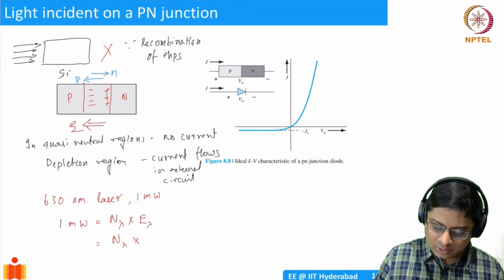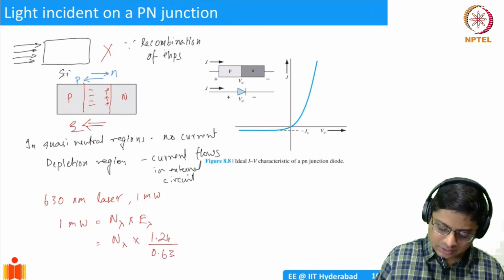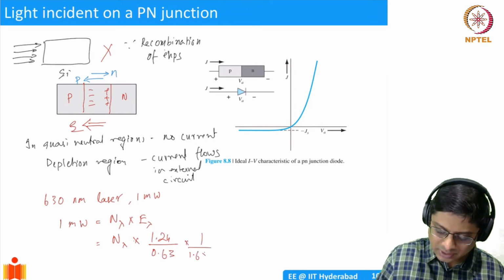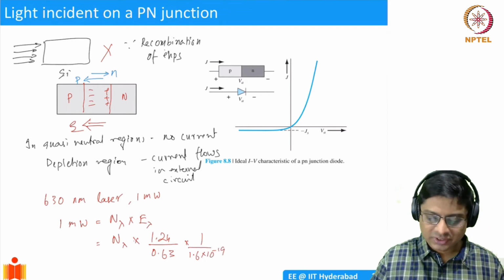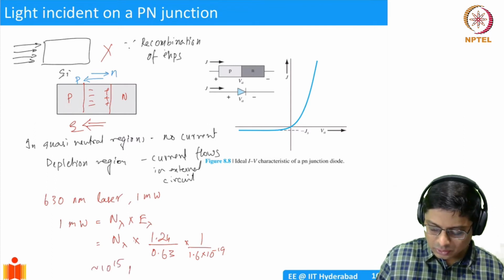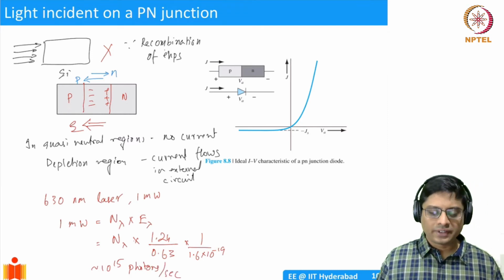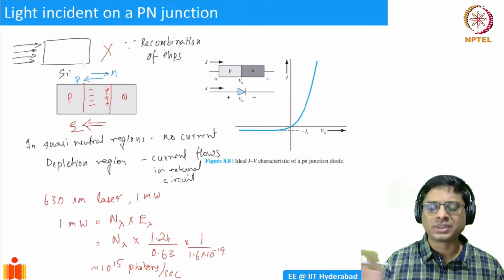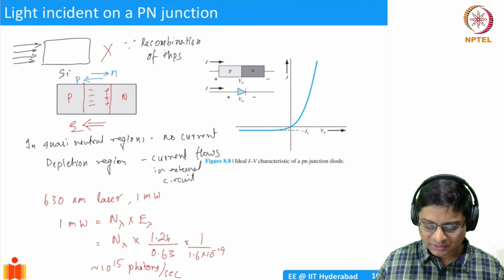The photon energy will be 1.24 divided by 0.63 in micrometers, and then multiplied by 1.6 into 10 power minus 19. Okay, so with this you can compute. If you do this calculation, you will end up getting something like 10 power 15 photons per second. Roughly, we don't really need to care; the order of magnitude will be 10 power 15 photons.